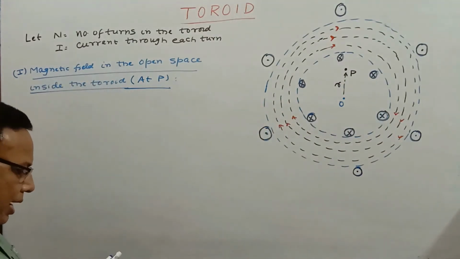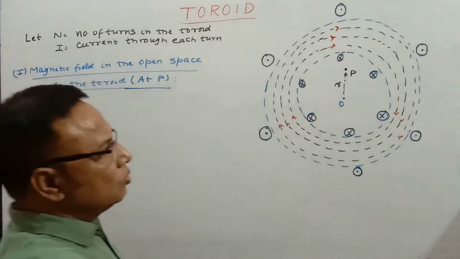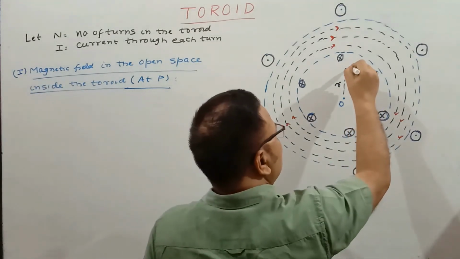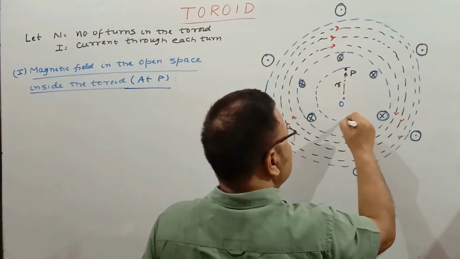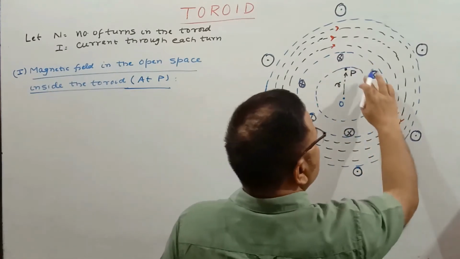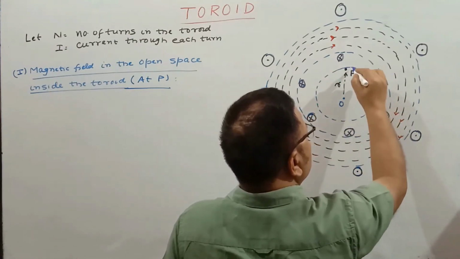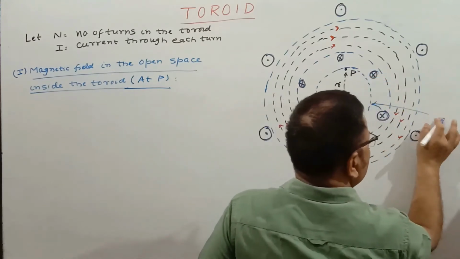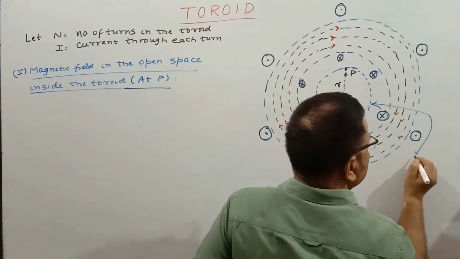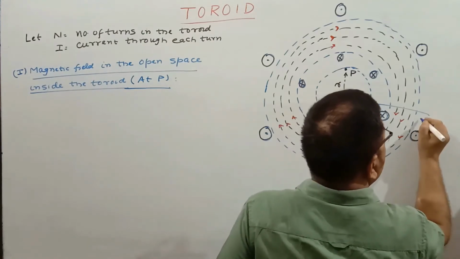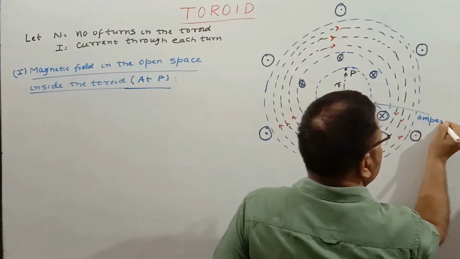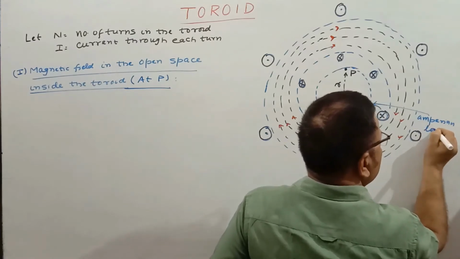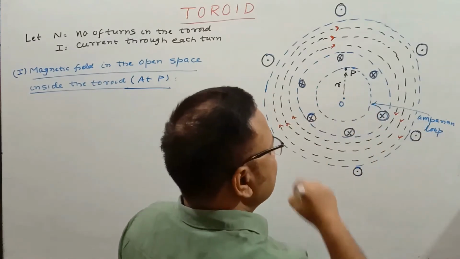We use Ampere's circuital law to find out the field. So here we are going to draw an Amperian loop. This is the Amperian loop, the circular one. You can write Amperian loop of radius r.